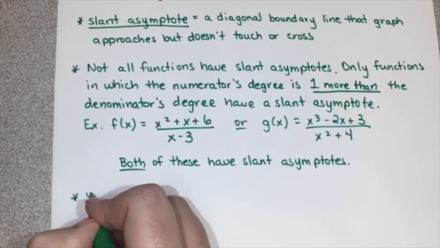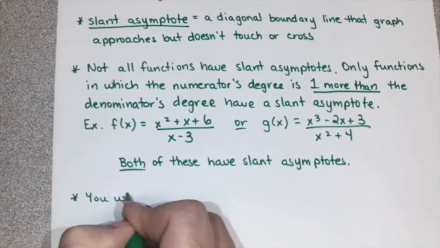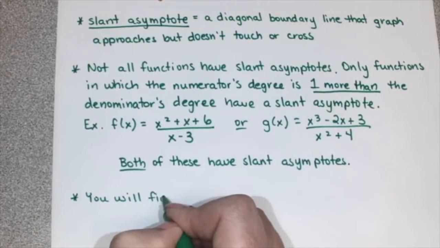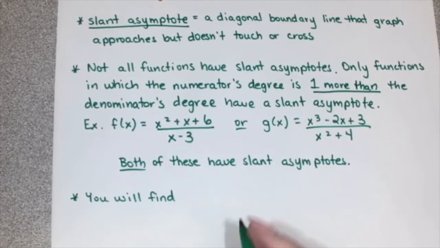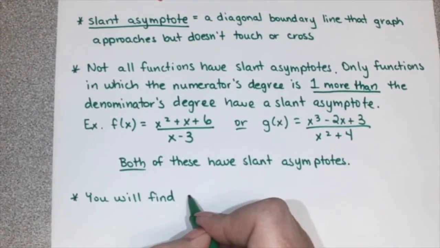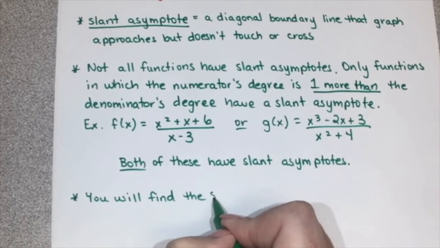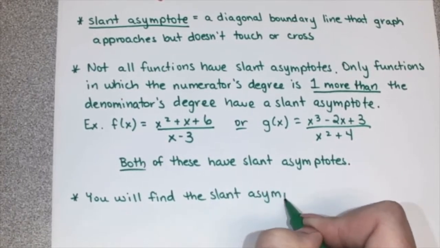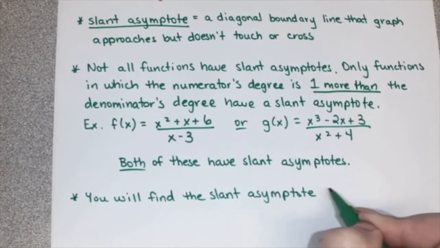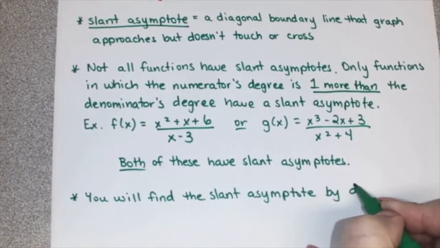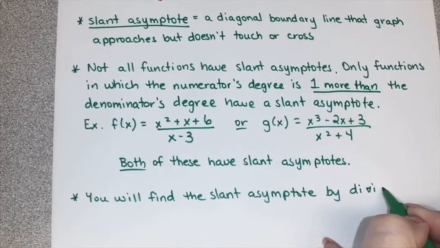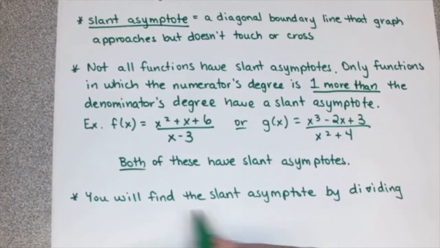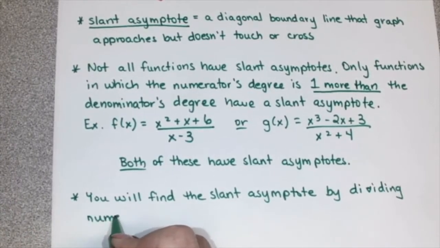All right, so now that we covered kind of which ones will even have one to begin with, let's talk about how to find the ones that have it. You will find the slant asymptote by actually dividing the numerator by the denominator.